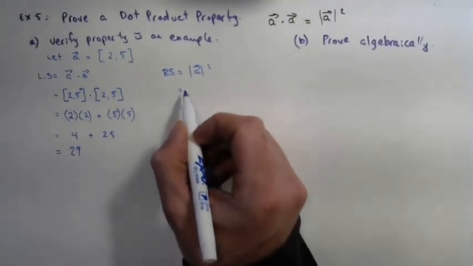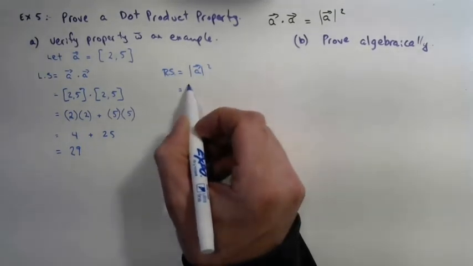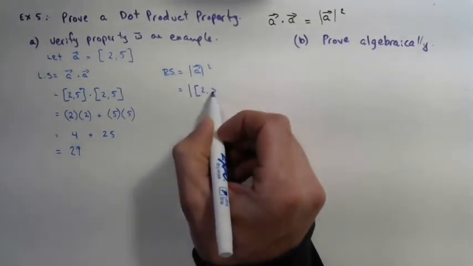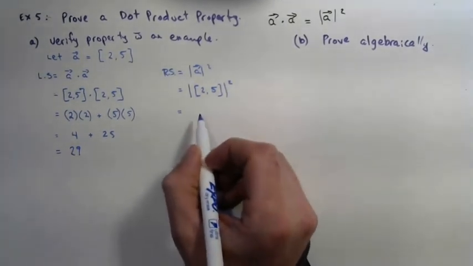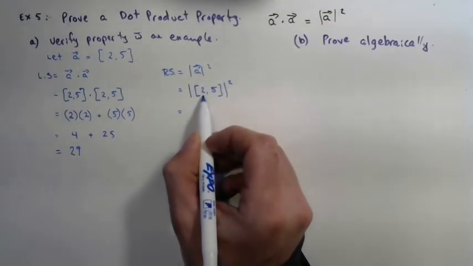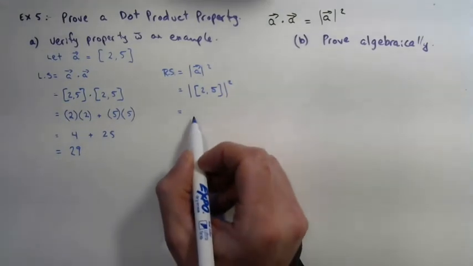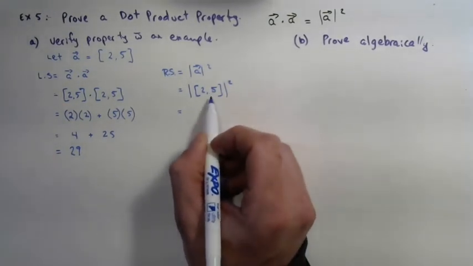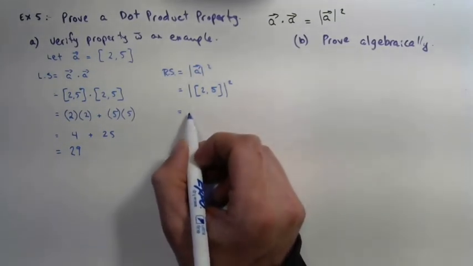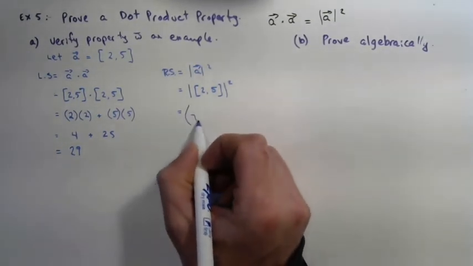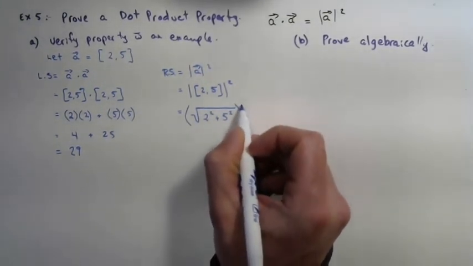Let's look at the right side. The magnitude of A squared. Well, that's the magnitude of vector 2, 5 squared. The magnitude of this vector, if we have an x component and a y component in a right angle triangle, or just perpendicular components. Again, it doesn't have to be a horizontal and a vertical, but at any rate, we have the square root of 2 squared plus 5 squared, and we're going to square that.